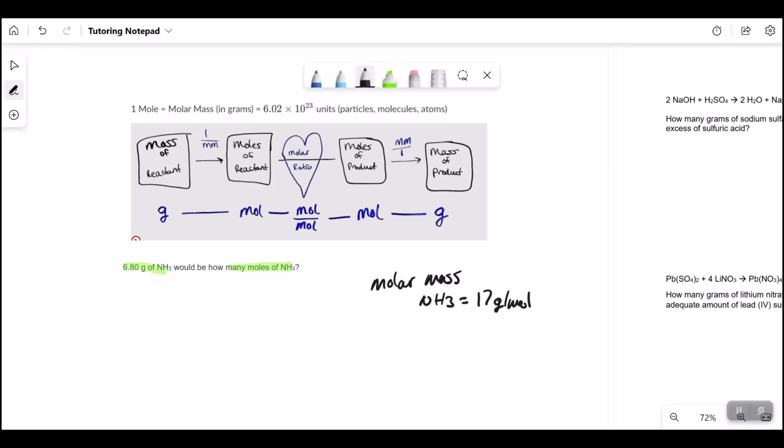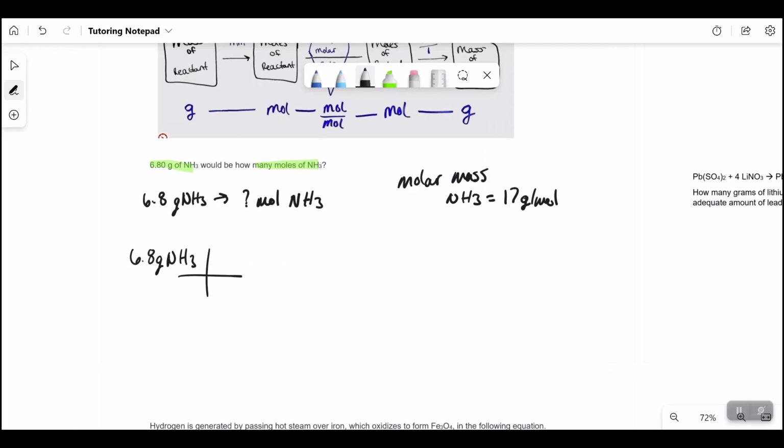If you want to do a roadmap for yourself, we're starting at 6.8 grams of NH3, and we're going to moles of NH3. We want our grams to cancel. A little bit ago, I mentioned that we can rewrite our 17 grams per mole in this manner, or we can write it as 1 mole is equal to 17 grams.